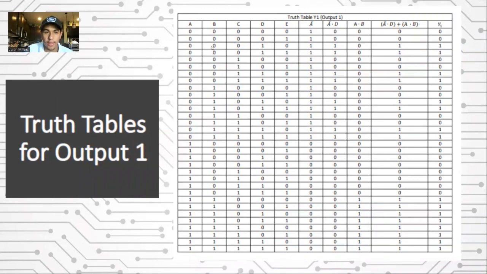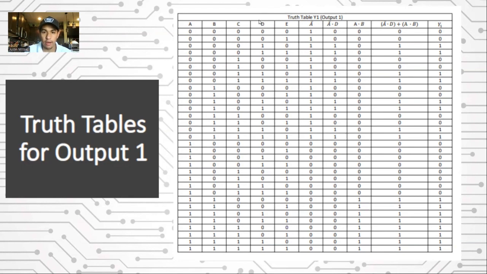The way that this works is we have all of our inputs right here, and we have our Boolean variables, which make up the Boolean expression. When you see a 1 in this Y1 column, that means that it is true. I'll show you how to read this with an example of the third row.